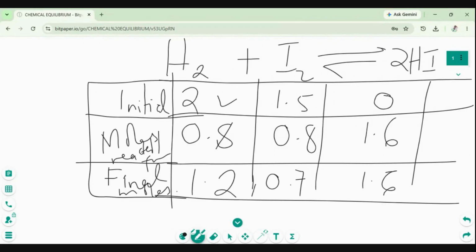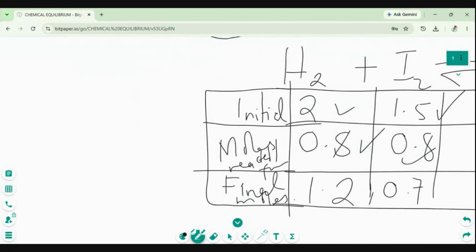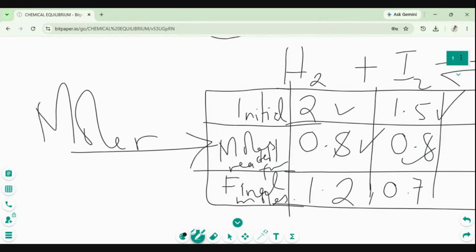Where did I get the 2? It was given to me. Where did I get the 1.5? It was also given to me. Where did I get the 0.8? It was also given to me. How did I get this 0.8? I used mole ratio. So where do we use mole ratio? We use mole ratio on stage 2. Very important to note. Mole ratio is used on stage 2.